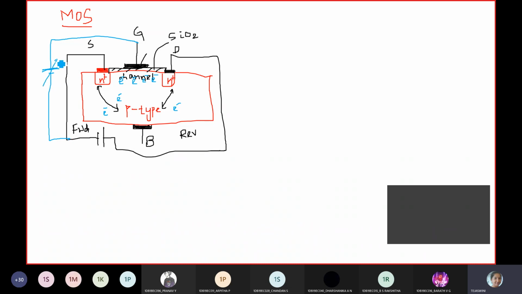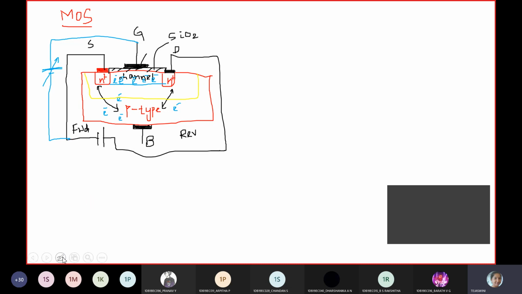Further, if you increase the gate voltage, what will happen? The minority carriers present will take part in the conduction. The channel is going to be formed, and a depletion region forms, separating the channel and the substrate.